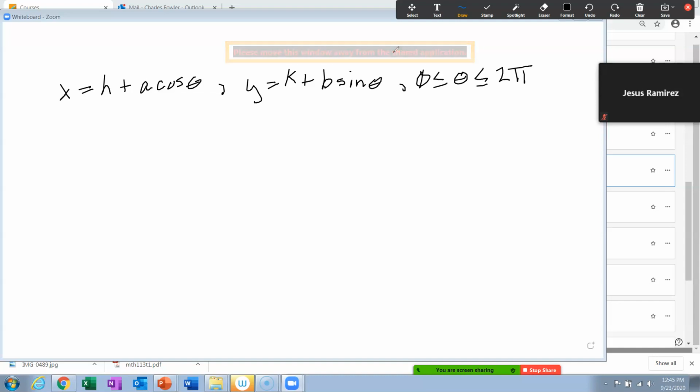And that's traced counterclockwise because your cosine starts at maximum x and then starts going negative until it gets to the minimum x, and then starts going positive again until it gets back to maximum x. Whereas the y starts at 0 and starts going up, then down, and then back up again. So the combination of those two takes you in a counterclockwise direction.